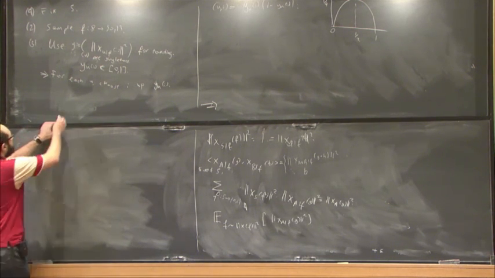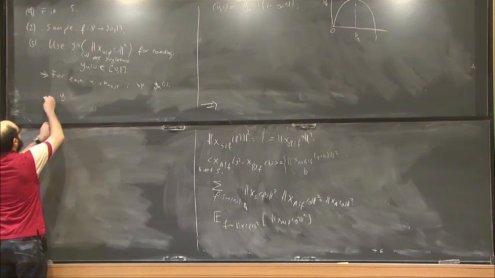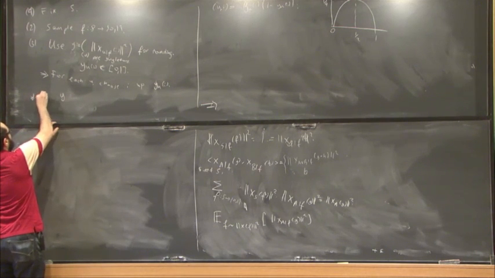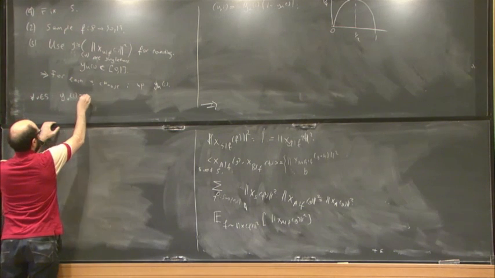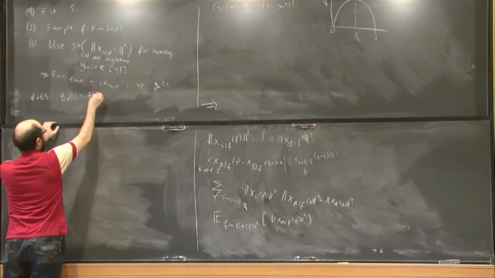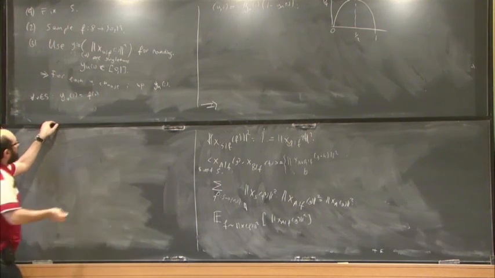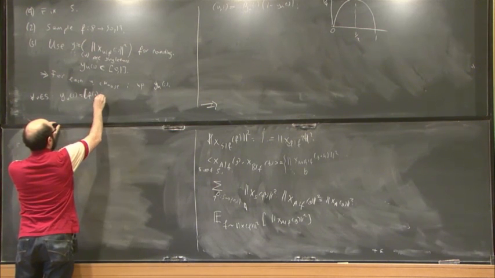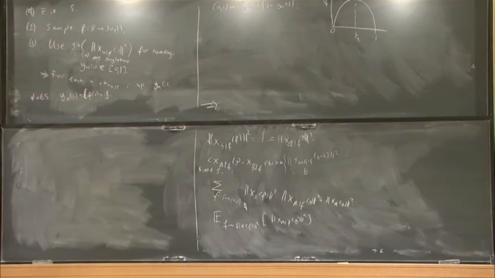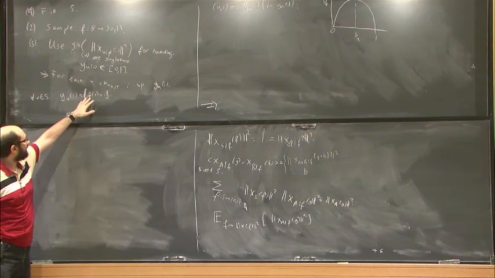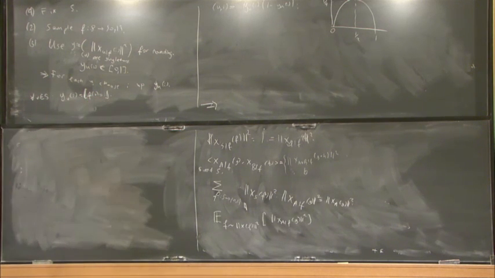Here, for example, let me point out that for all v in S, y_v(i) is equal to f of v. This is one if f(v) was equal to i and 0 otherwise.